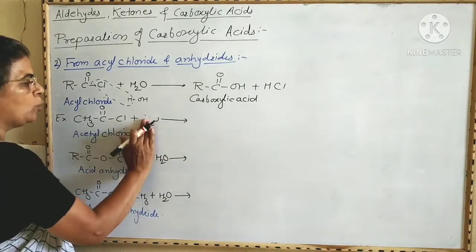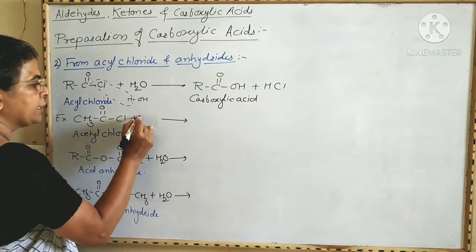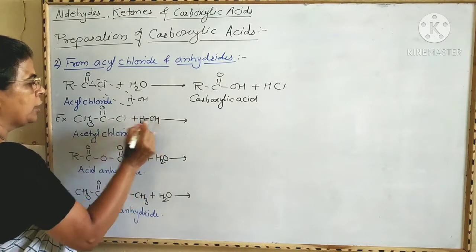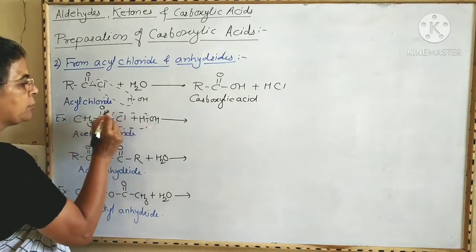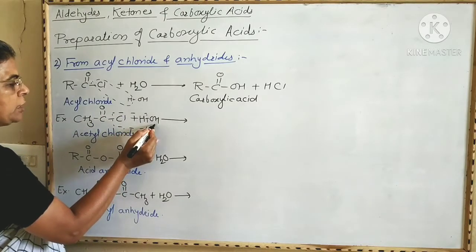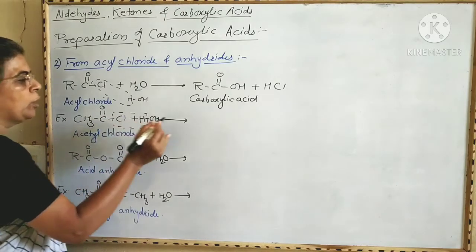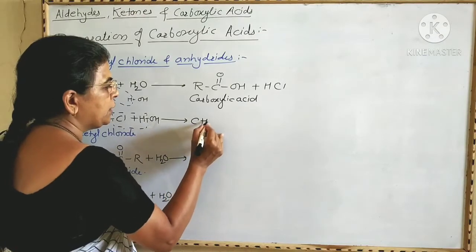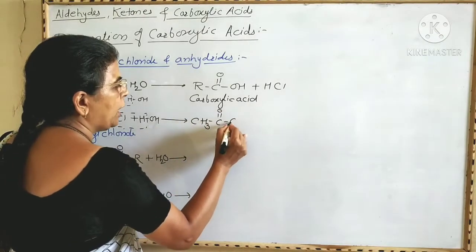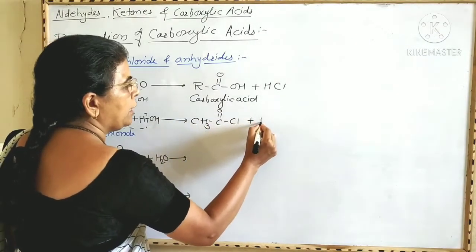Now this H2O we can write as HOH. Then removal of HCl takes place, and the OH replaces the chlorine to form CH3 C double bond O OH plus HCl.